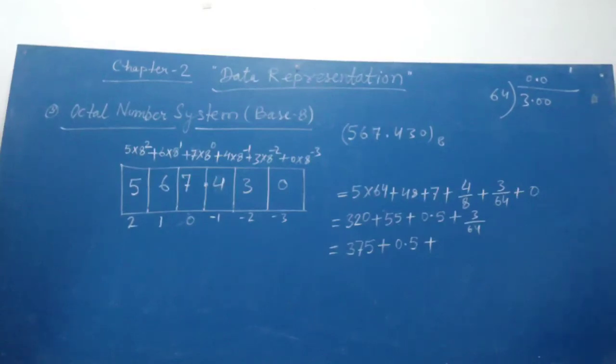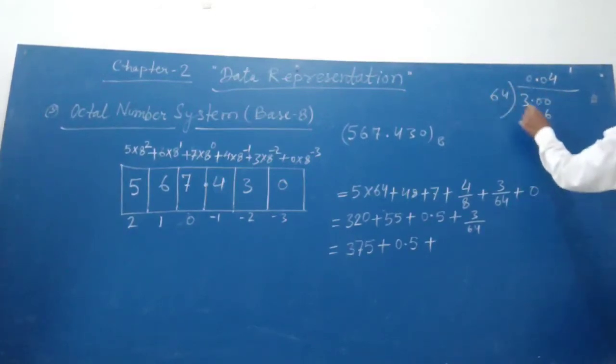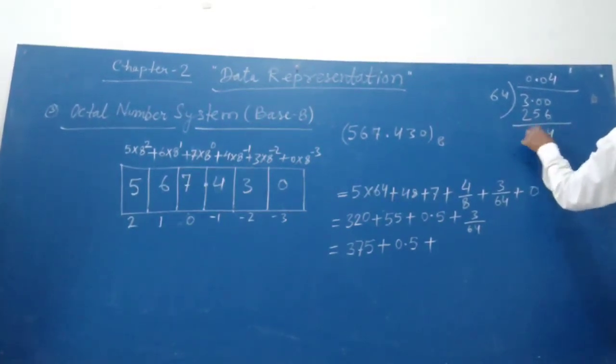Now we calculate this. 4 times 4 is 16, 4 times 6 is 24, plus 1 is 25. Now 44 will come.